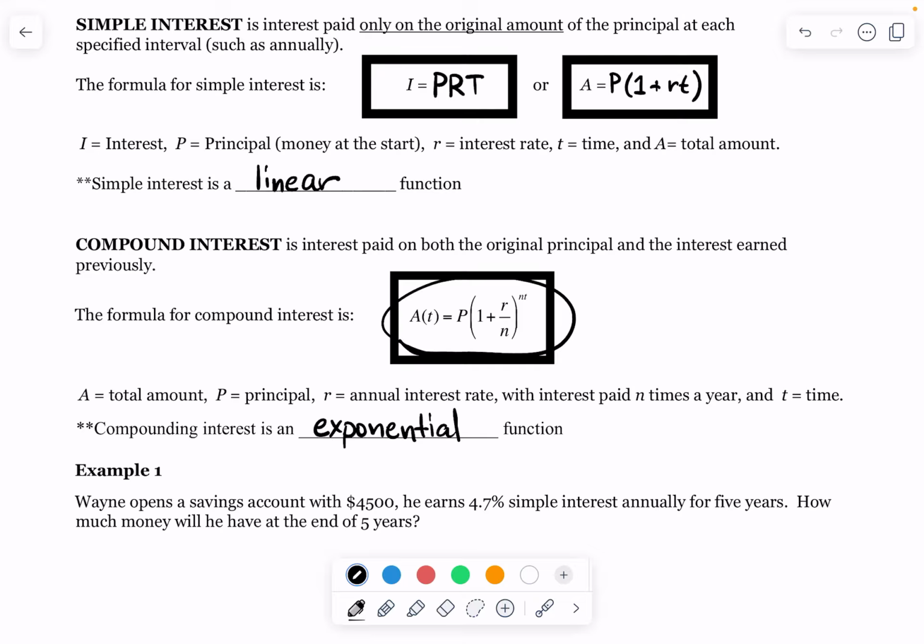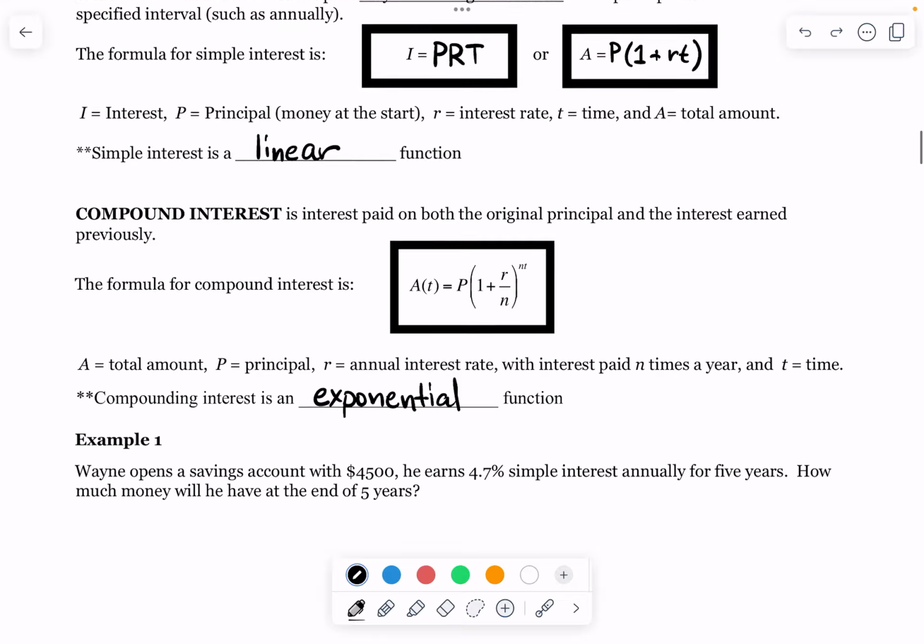And in that case, your n value would be 12, okay? Or maybe it does it every day, and in that case, your n value would be 365. And then it's raised to the n times t power, okay? You'll get used to using it as we go throughout it, but just come back and reference it as needed when you need to use that formula.